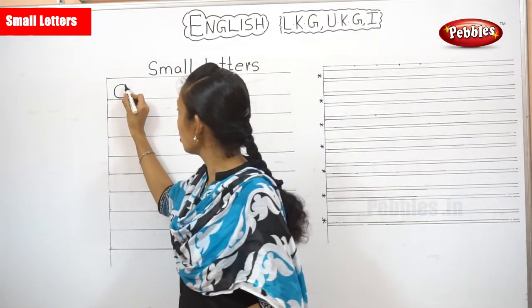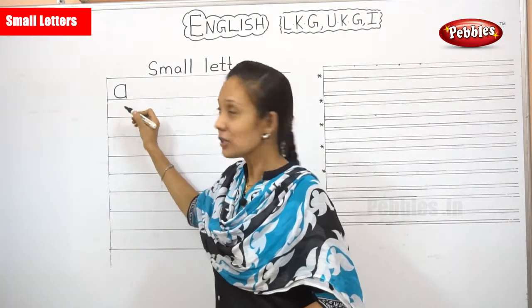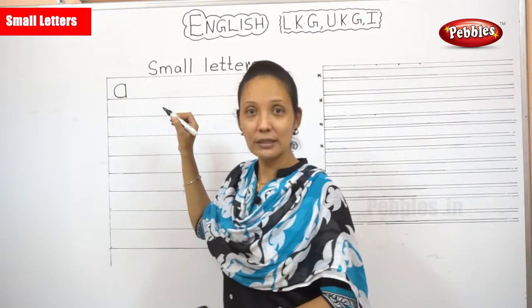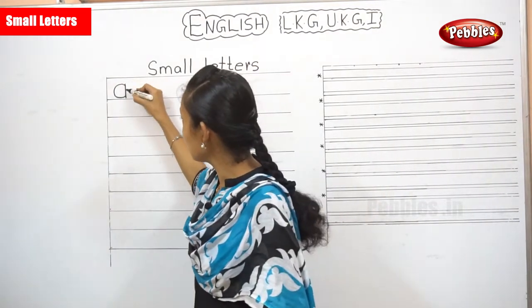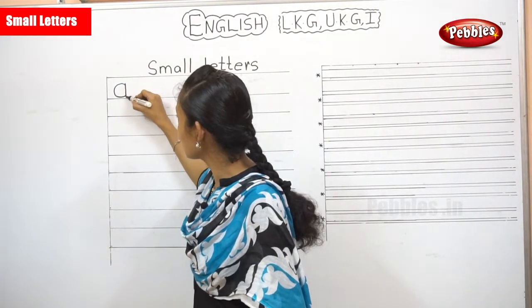So this is your curve. You learned your standing line, isn't it, children? Now you have joined your curve and your standing line.